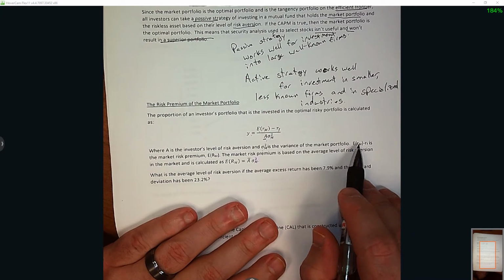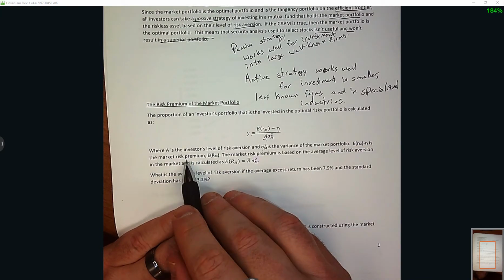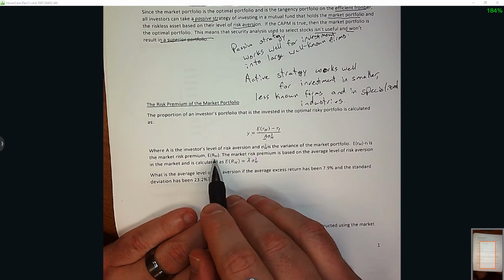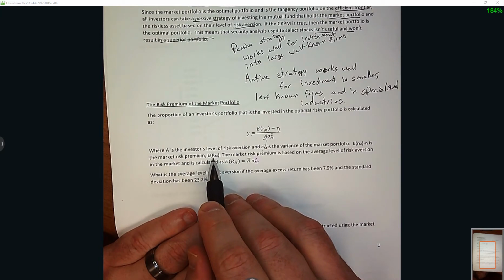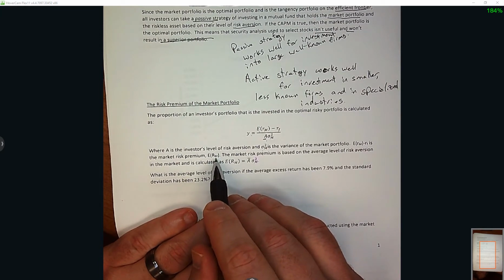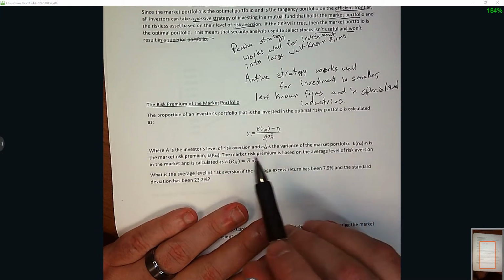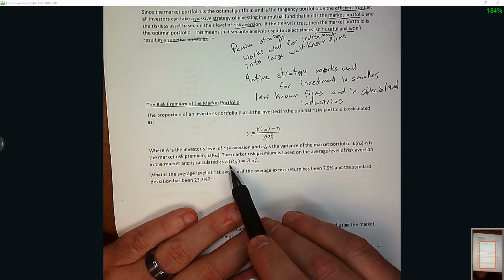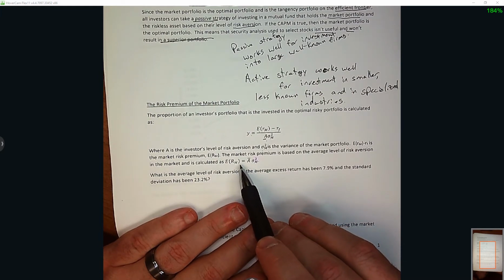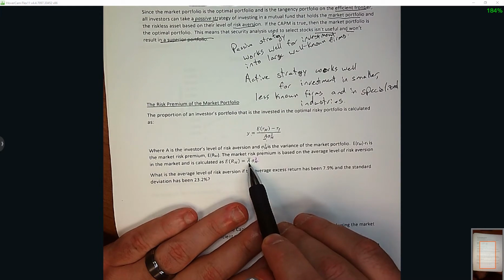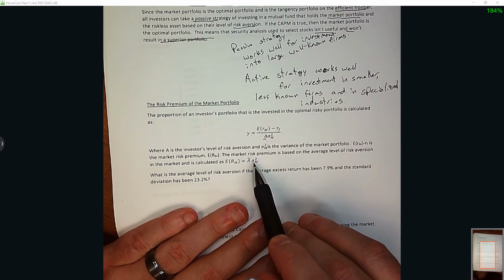E, the expected return for the market minus the risk-free rate, is the market risk premium, or E capital RM. The market risk premium is based on the average level of risk aversion in the market and is calculated as E capital RM is equal to the average level of risk aversion multiplied by the variance of the return for the market.